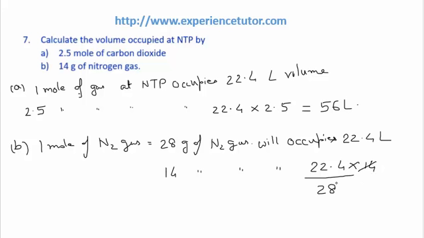Just the unitary method, 2 will get cancelled, so 11.2 liters, sorry, here we have done. So we have corrected it, it is 11.2 liters.